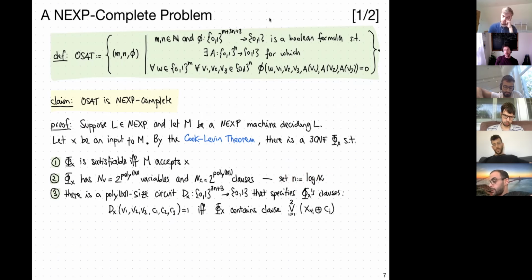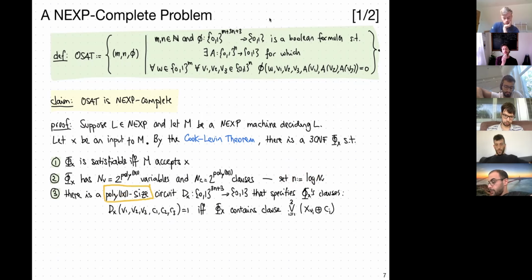And now the point, and this is maybe the crucial bit of the Cook-Levin theorem, is that it tells us that there exists a polynomial size circuit that specifies the clauses.